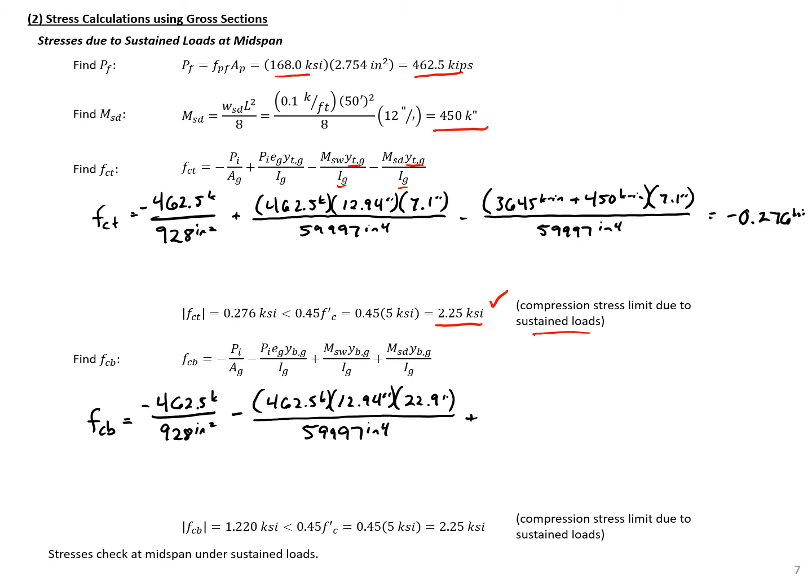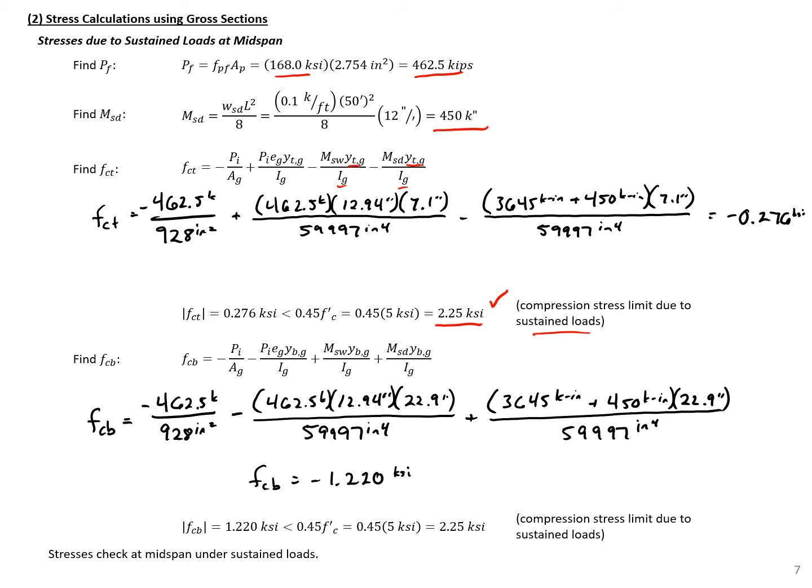And then again, I'm going to combine all of our moments. So 3,645 kip inches plus 450 times 22.9 divided by 59,997 inches to the fourth will give us a stress here in the bottom fiber equal to negative 1.220 KSI.